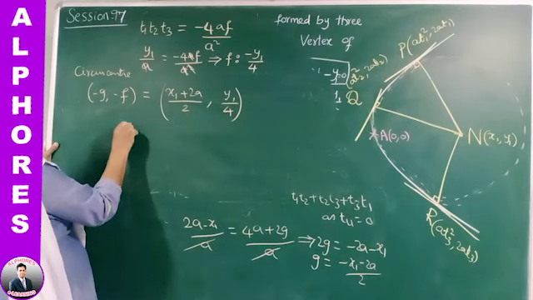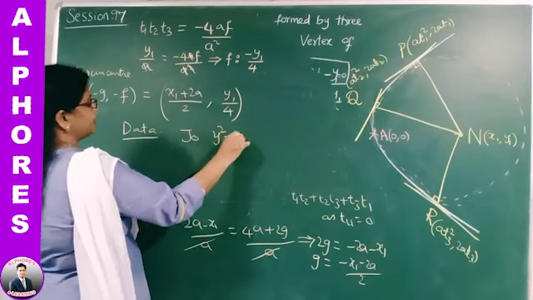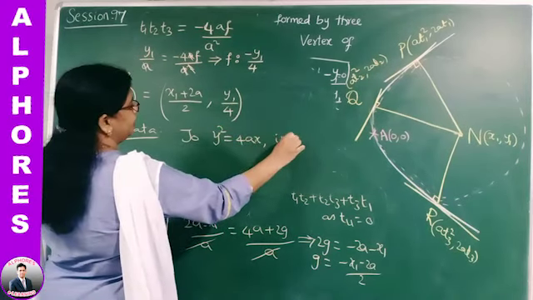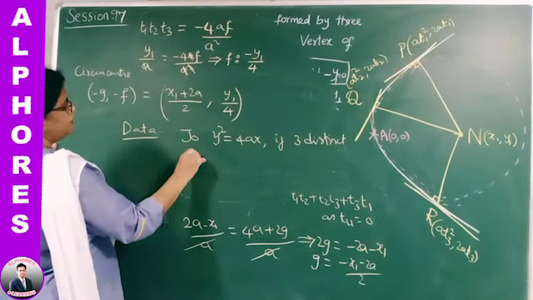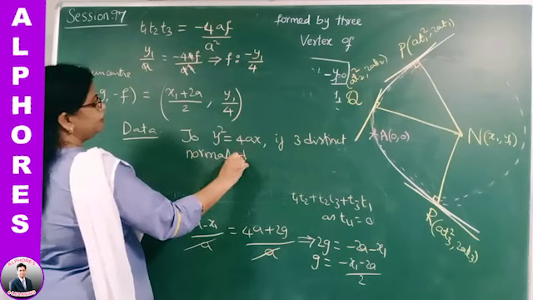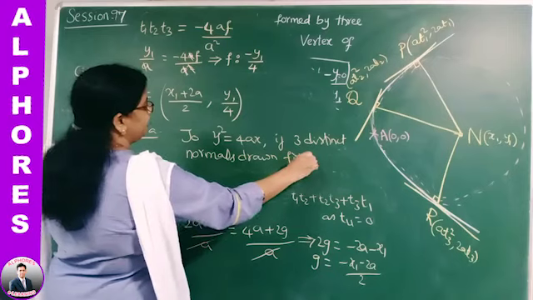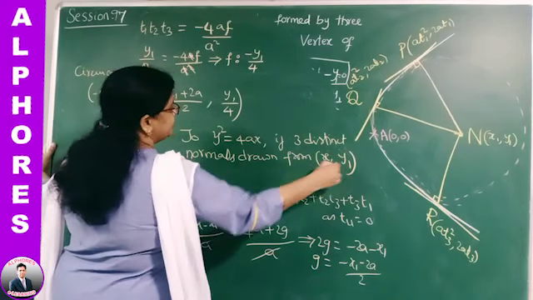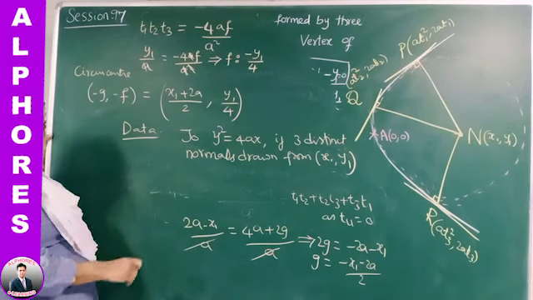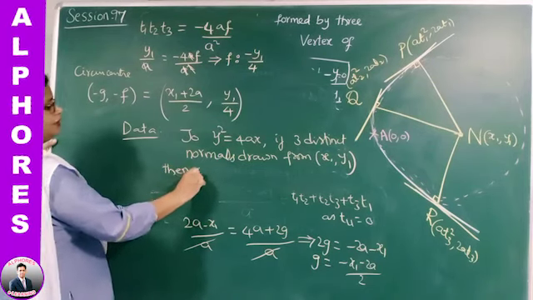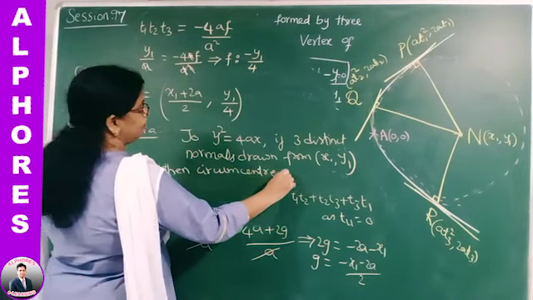So given data is: to a parabola y square equal to 4ax, if three distinct normals are drawn from a point x1 comma y1, then what is the circumcenter of the triangle formed by co-normal points?